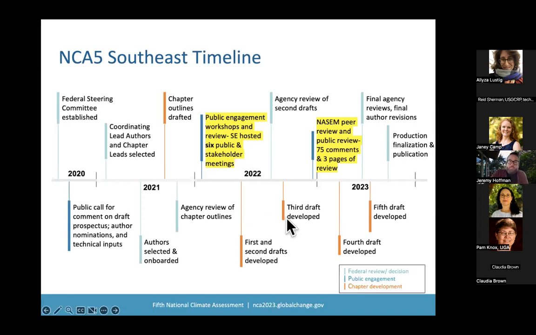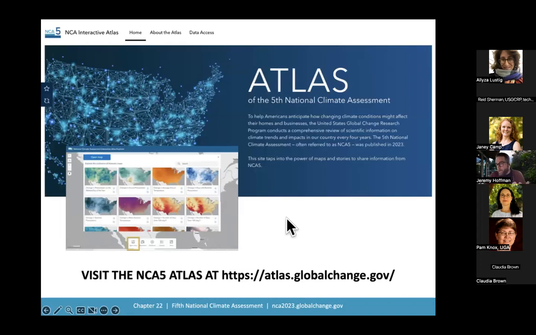I also wanted to start out by highlighting that you can go to atlas.globalchange.gov and look at some of the data sets that present a variety of different global warming levels and their associated impacts on not only the Southeast, but around the country.